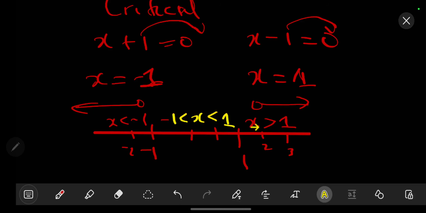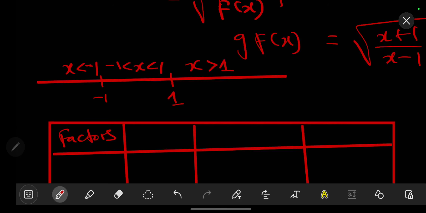So with this, let's come up with our table. We put our intervals: x is less than negative 1, then negative 1 less than x less than 1, then our last one is x greater than positive 1.